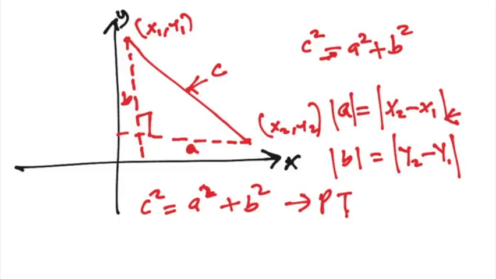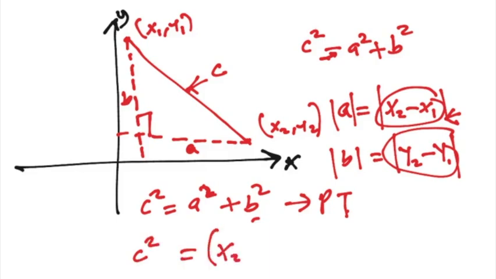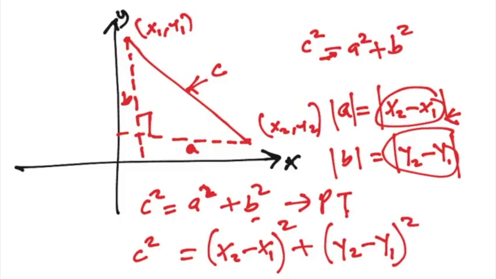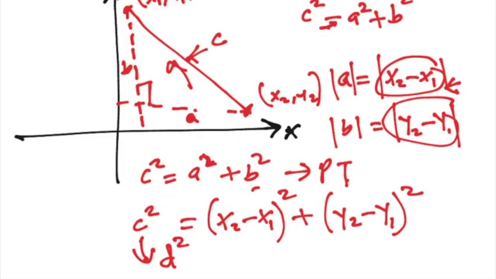Now we can substitute into A and B. So C in this case is the square root of (x2 minus x1) squared plus (y2 minus y1) squared. Now you can replace this, because we are looking at the distance or the length from here to there, so let's replace that with d.